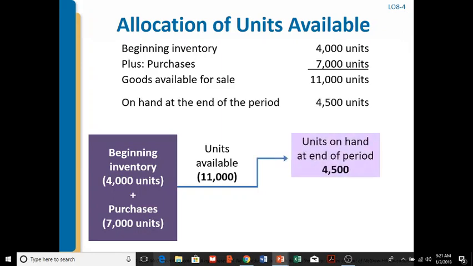So we've got 11,000 units available. At the end of the year, since they've sold 6,500 units, they have 4,500 units in their ending inventory. So the other question is, what is the cost of their ending inventory? Not only the cost of goods sold, but the cost of their ending inventory.